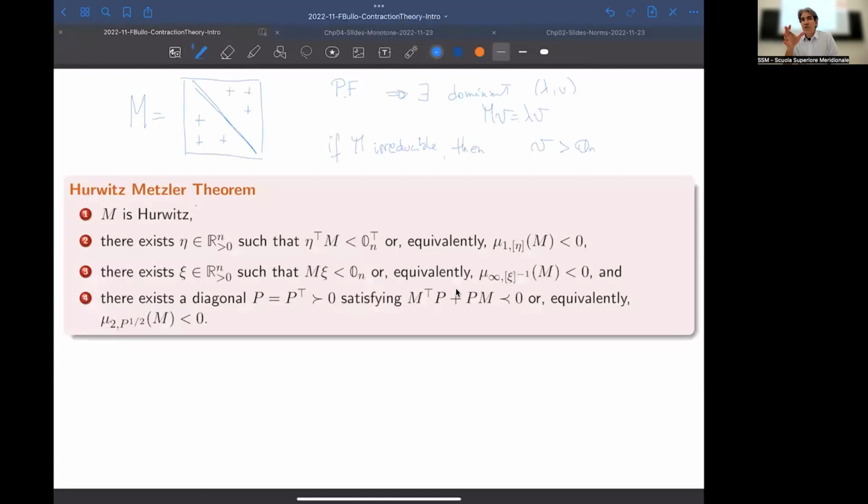All of the other eigenvectors correspond to smaller eigenvalues, to eigenvalues that are to the left, because the picture here is that I have the dominant eigenvalue, and then I have all of the other eigenvalues like that. The dominant eigenvector is strictly positive. Now, why is this relevant in the computation of the one-sided Lipschitz constant? Interesting question.